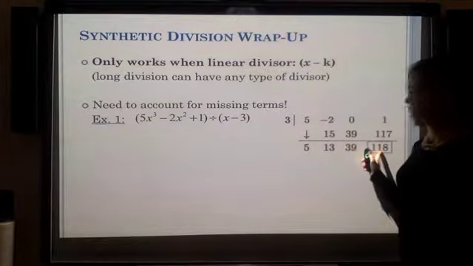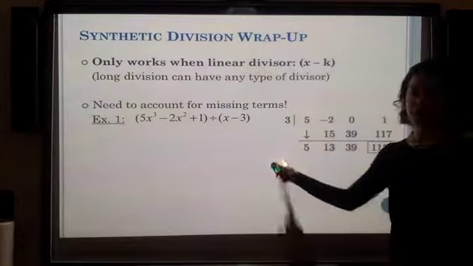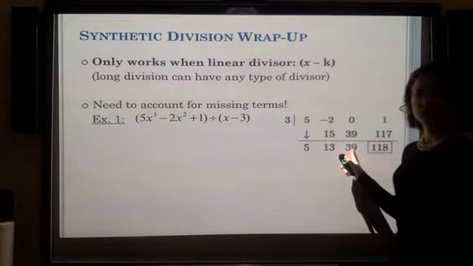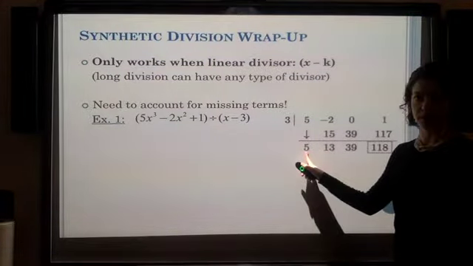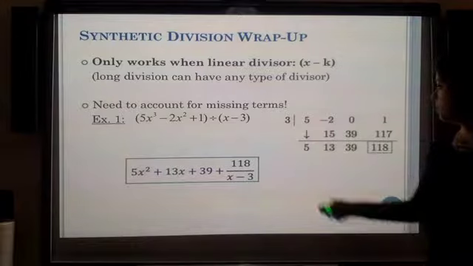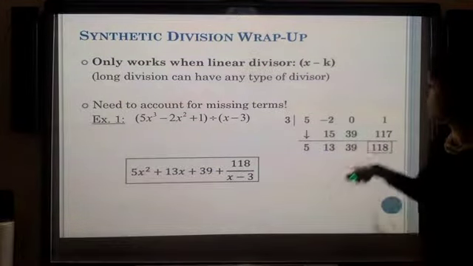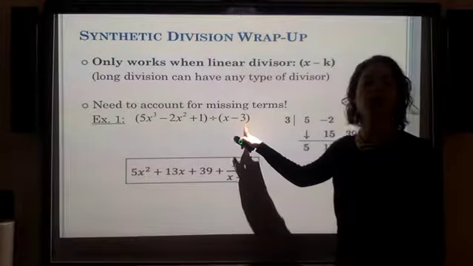And then how you write the quotient is you go right to left and you start with the constant term. So this would be the constant term, this would be the x term, that would be the x squared term. So our quotient polynomial will be 5x squared plus 13x plus 39, and then a remainder of 118, and we write that remainder over our divisor.